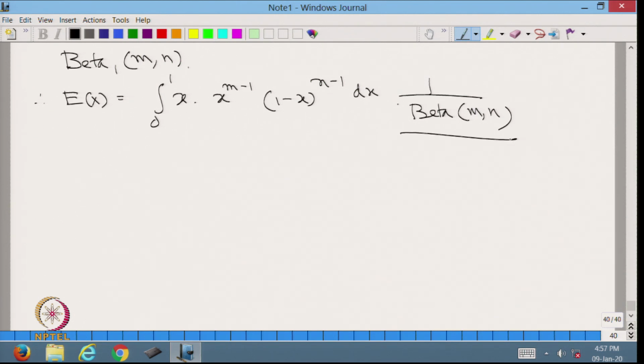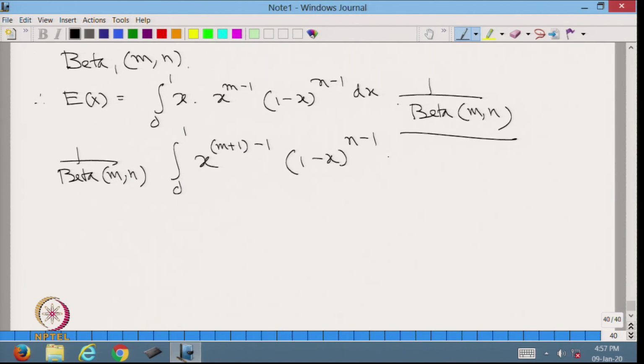Let us take this outside. So, we get 1 upon beta m comma n integration 0 to 1 x to the power m plus 1 minus 1, 1 minus x to the power n minus 1 dx.